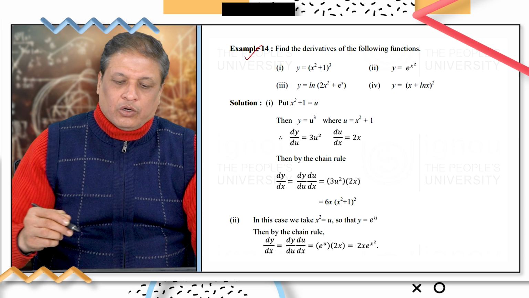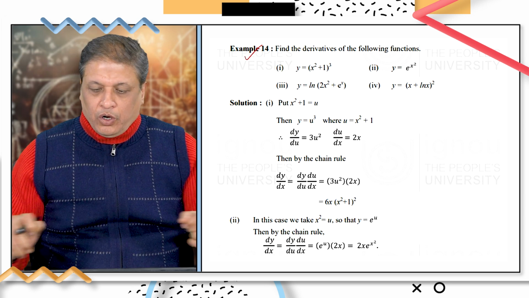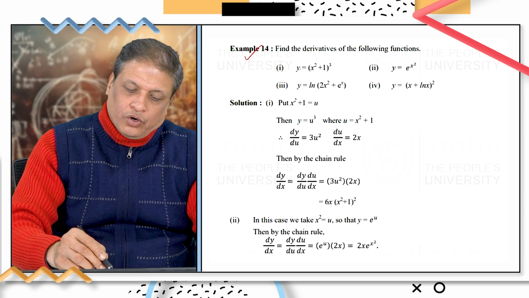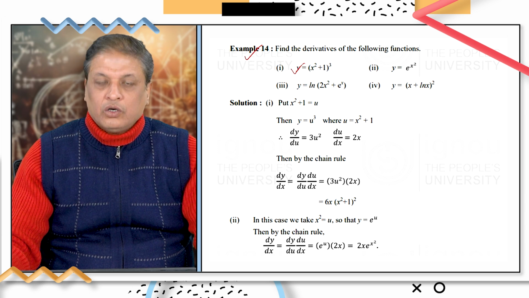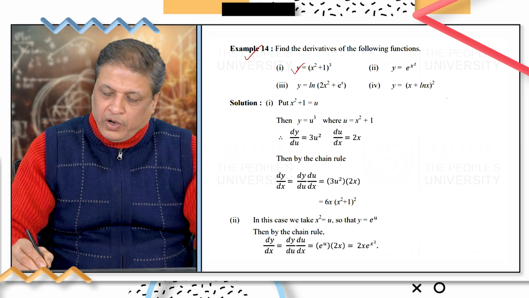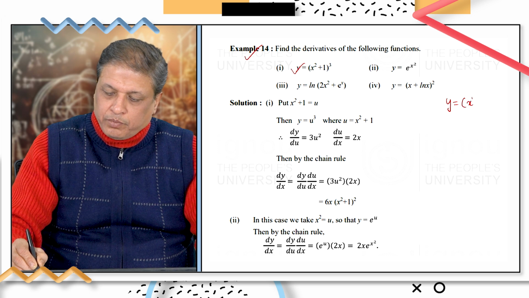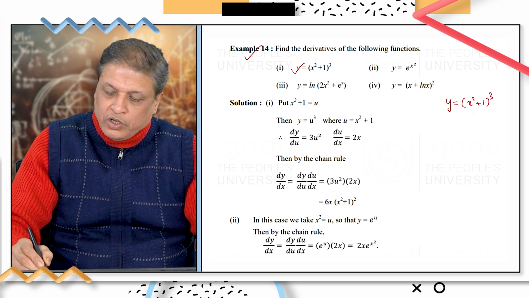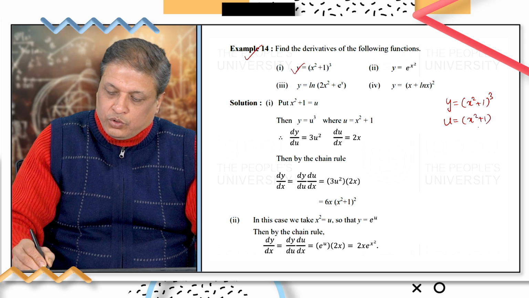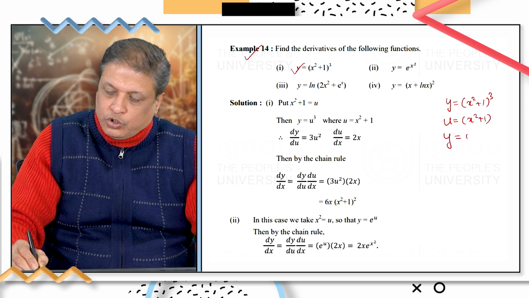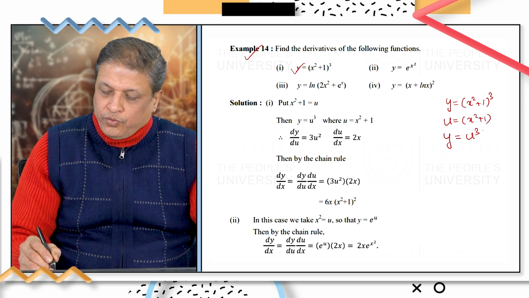So let's apply the concept to find the derivatives of the following functions. The first function is y is equal to (x square plus 1) whole cube. You can say u is equal to x square plus 1, so y is nothing but u cube.